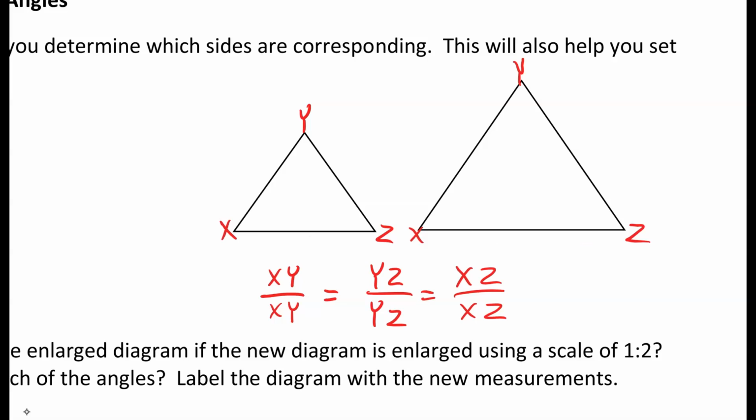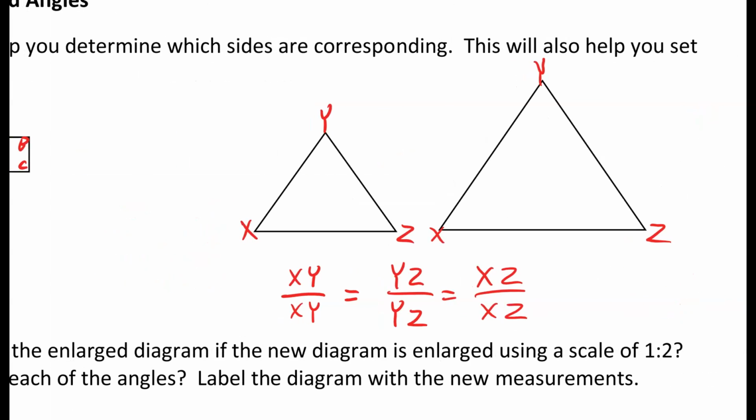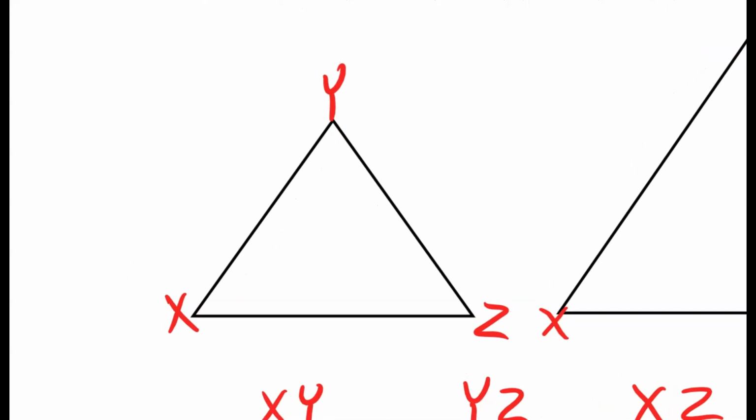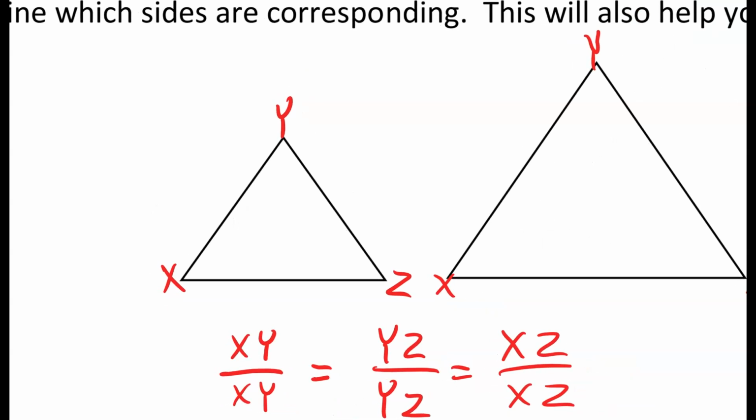So that's looking at corresponding sides, the first part we did, and corresponding angles in this. Now if we wanted to talk about the corresponding angles in these two triangles, we would talk about angle Y, which would be this angle here, and this angle here are corresponding to each other.